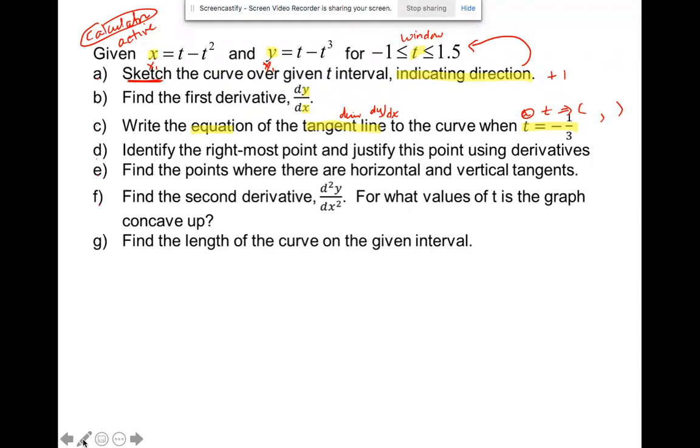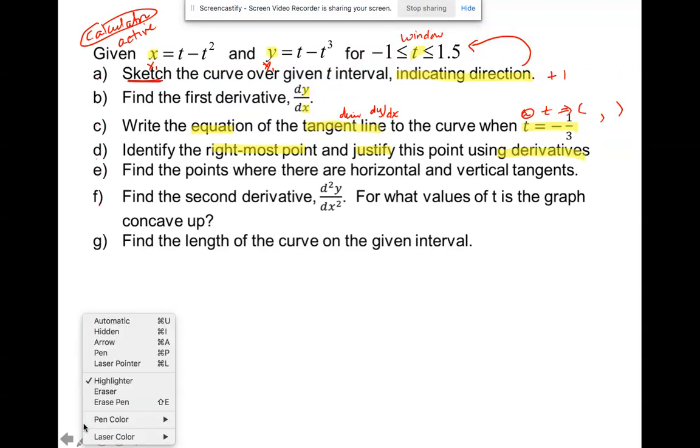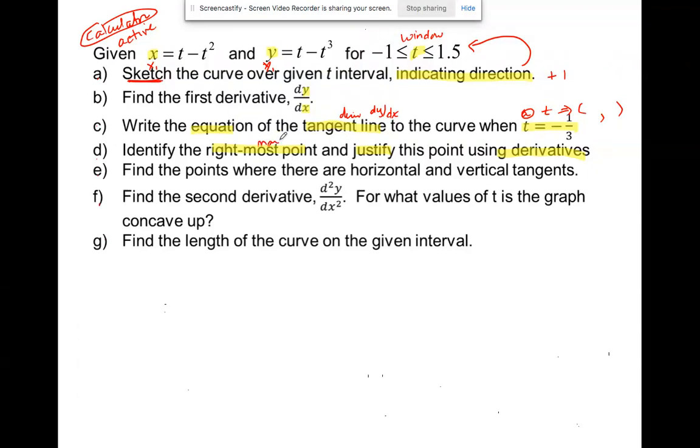Identify the rightmost point and justify using my derivatives. Rightmost is a max of the horizontal. How far right you are is your horizontal component, maximum of it.